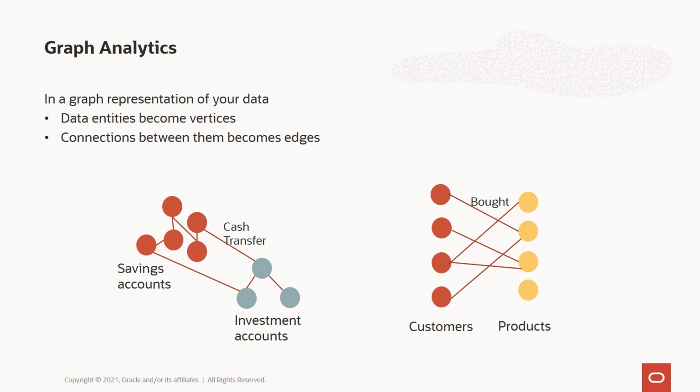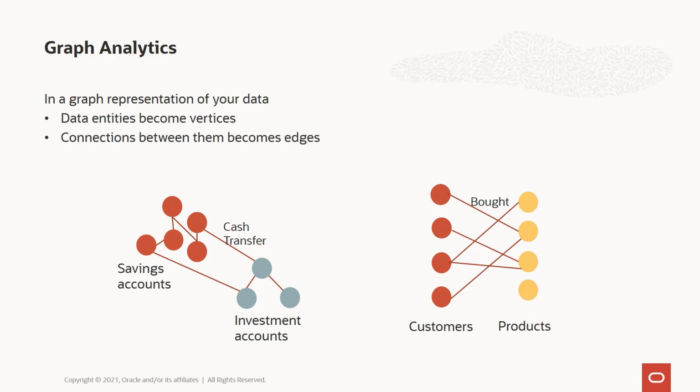In the example on the left, you have bank accounts, which can become vertices in your graph, and any relationship between them can become an edge. So when an account transfers money to another account, that's a relationship, and that can be an edge, that's a cash transfer edge. On the right, you have customers and products as two different types of vertices.